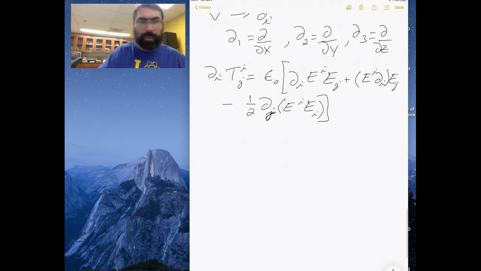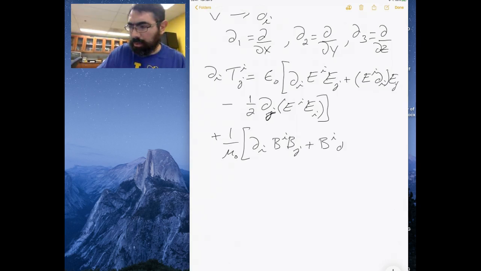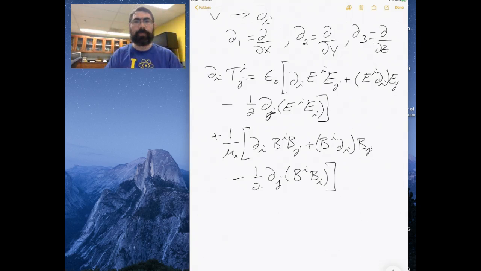And now let's add in the magnetic field part. 1 over mu naught. Okay, so now we've got all our I's and J's, all our indices are perfectly worked out.